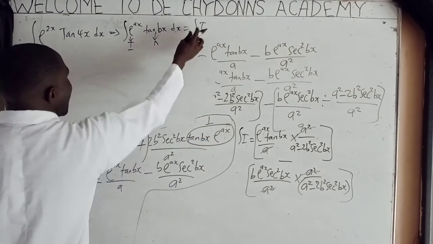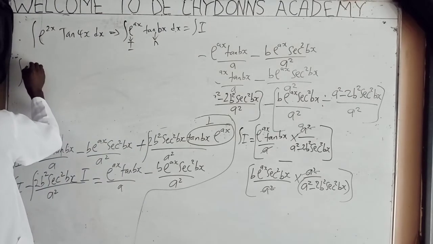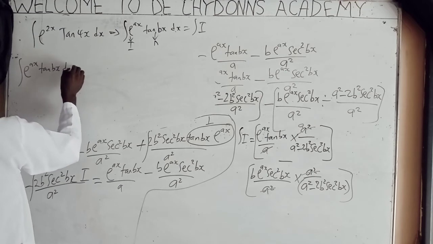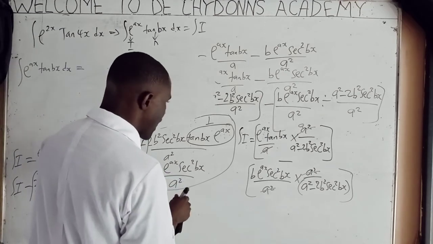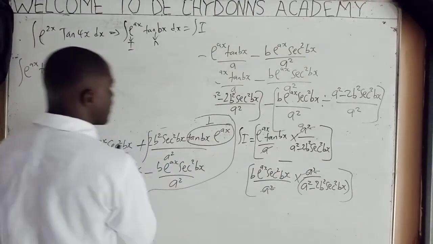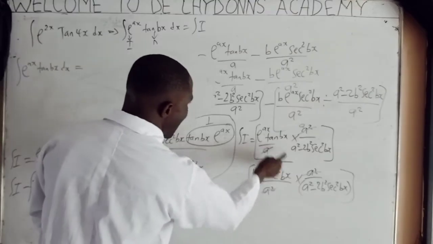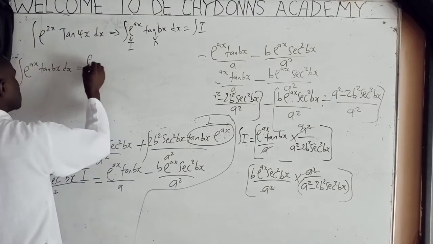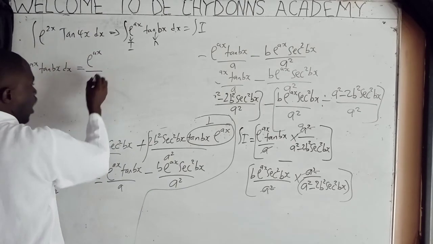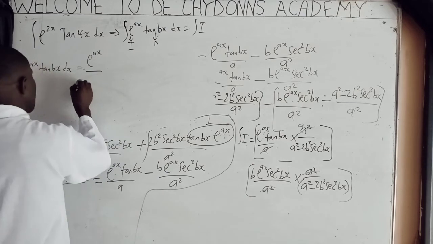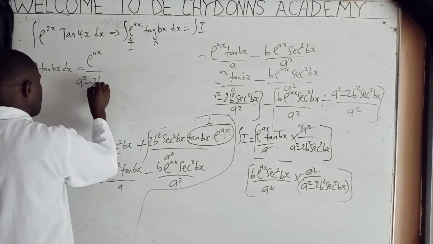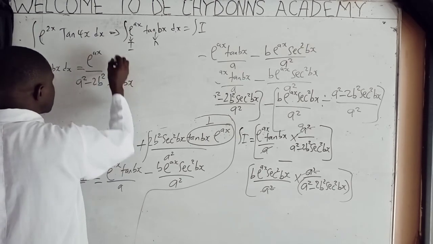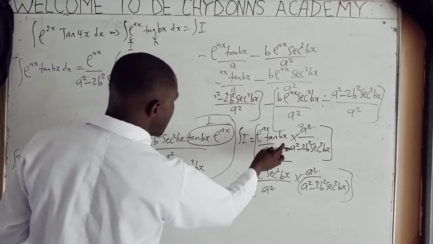integration. What is my I? Exponential ax tan bx dx equals, then what do I have in common in the two? I have exponential ax all over a square minus 2b square sec square bx. Then what will remain?